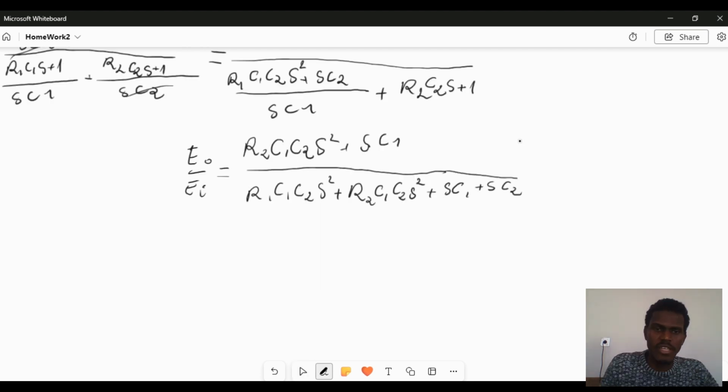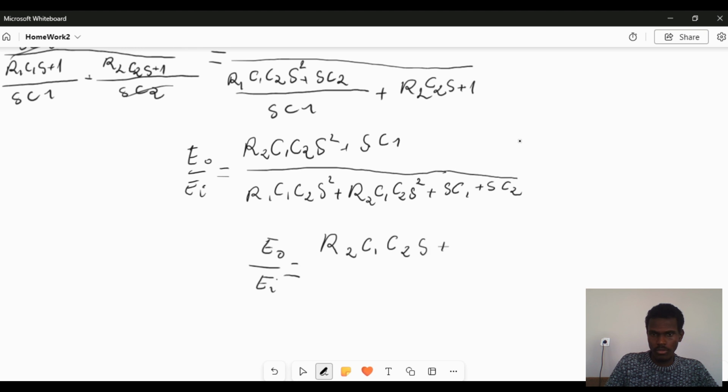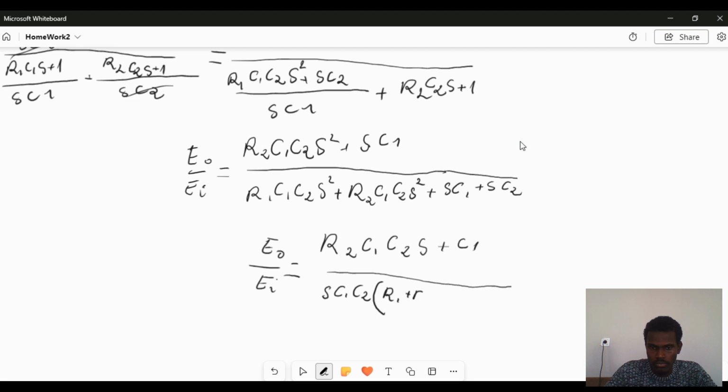Here we can simplify S on both sides, and we find E output divided by E input is equal to (R2 C1 C2 S plus C1) divided by, taking in parentheses, S C1 C2 multiplied by (R1 plus R2) plus C1 plus C2.